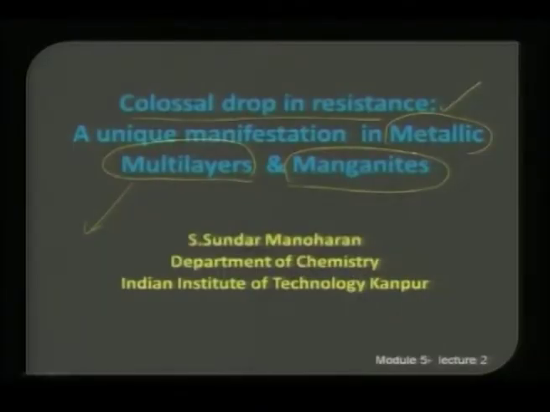To draw your attention more, these metallic multilayers are presently used in our computer read heads, and it has brought about a tremendous revolution in the magnetic storage system.